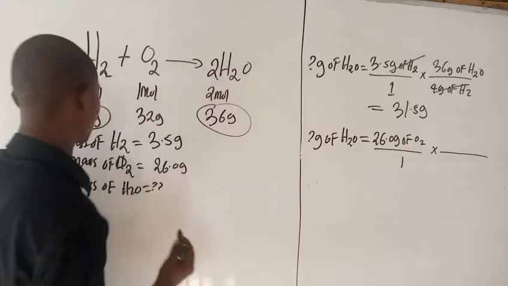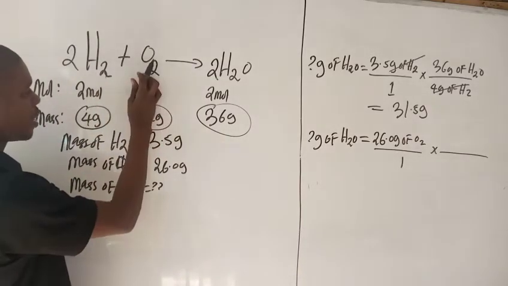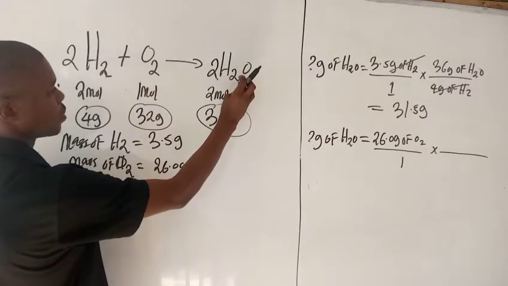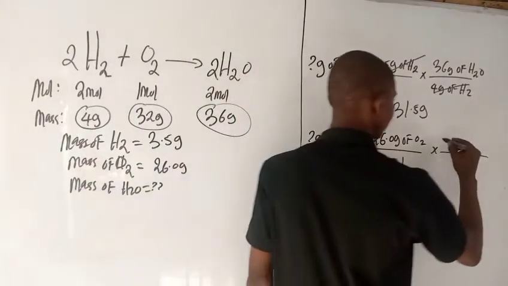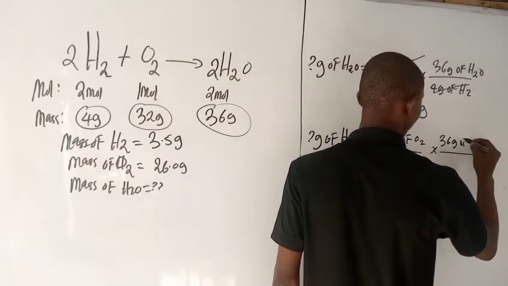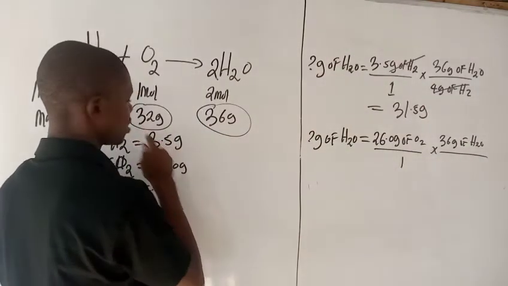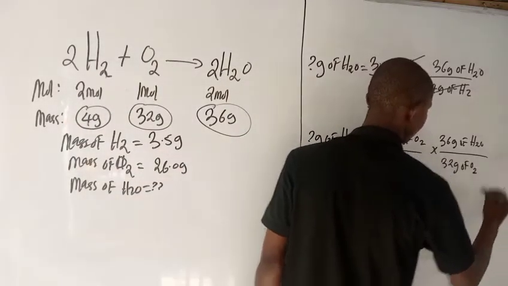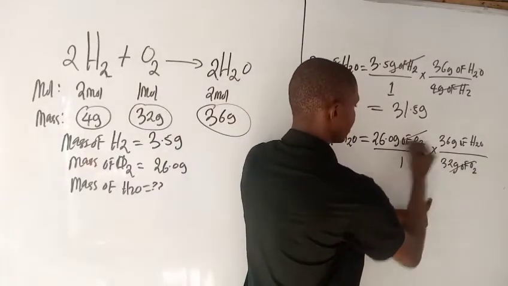Repeat the same process, using the mass of this one and this other one. Because we are looking for the mass of H2O, this one will be at the top, so I have 36 gram of H2O over 32 gram of O2.